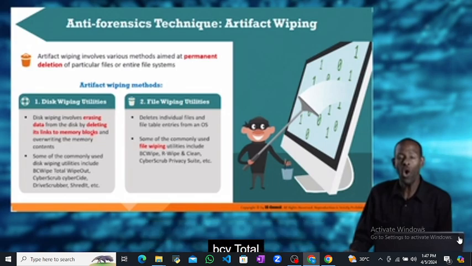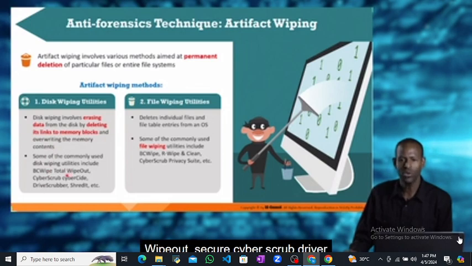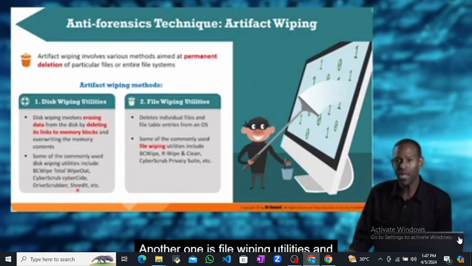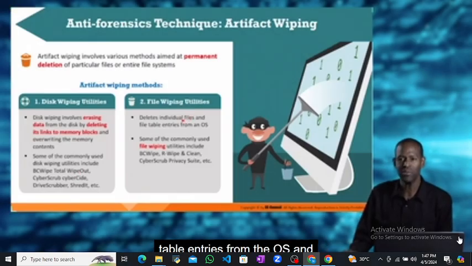So BCWipe, Total WipeOut, Secure Cyber Scrub, Drive Scrub, Rubber, Shred It. Another one is file wiping utilities, and this deletes individual files and file table entries from the OS.